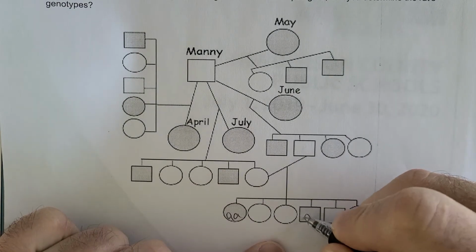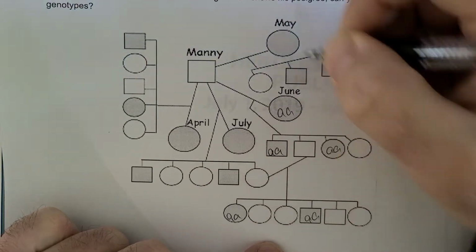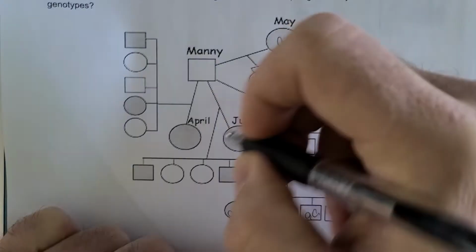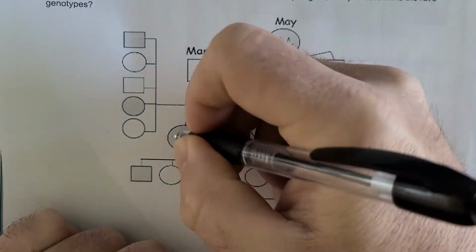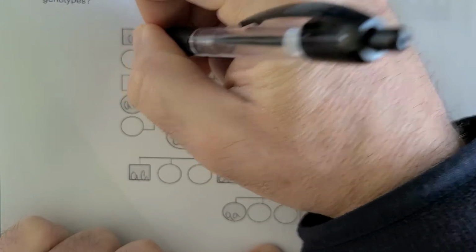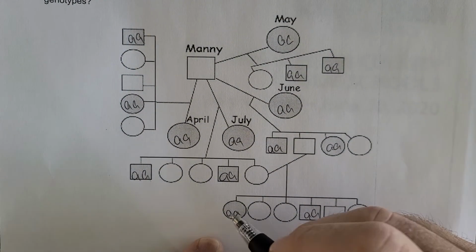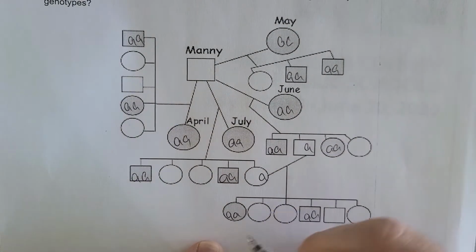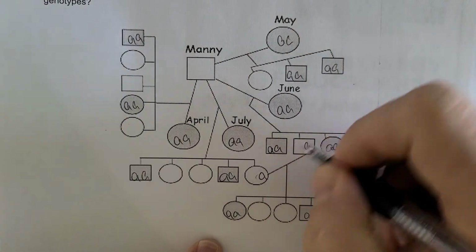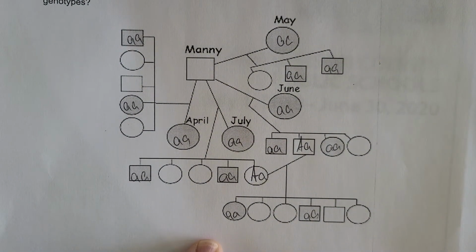So we're going to call everybody with the trait homozygous recessive. And then we'll work backwards. We know that each parent here has a recessive allele because both of these children have the trait, and we know they don't have the trait, and it's a recessive trait, so it must be heterozygous.